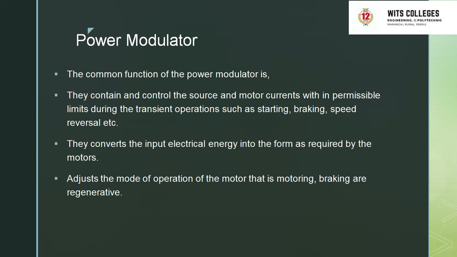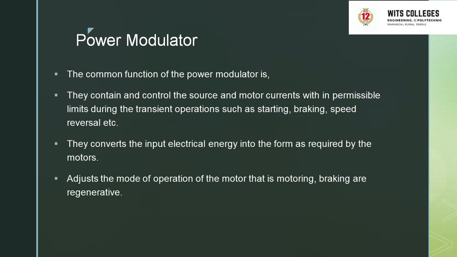Coming to converters, as I said, it will act as a converter. There are different types of converters. First one is the rectifier, which will convert the fixed AC voltage to fixed DC voltage. Next, AC voltage controller, which converts the fixed AC voltage to the variable AC voltage.